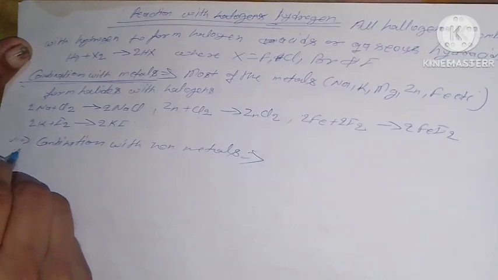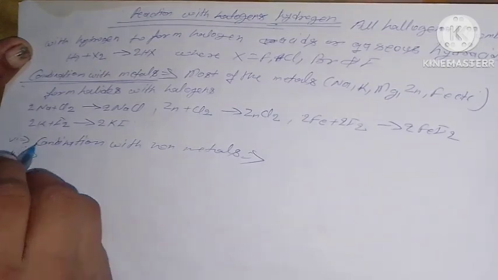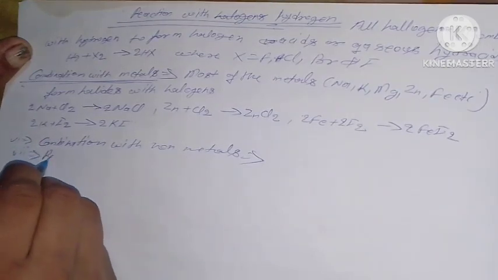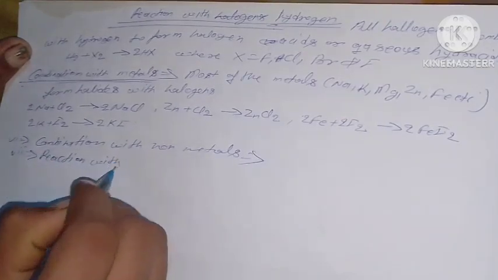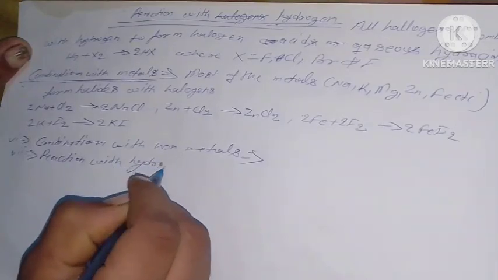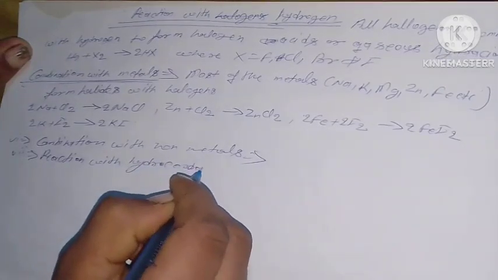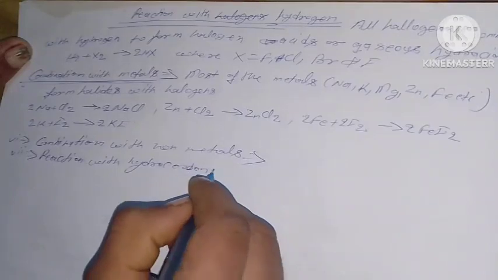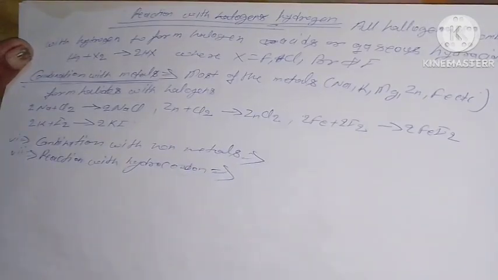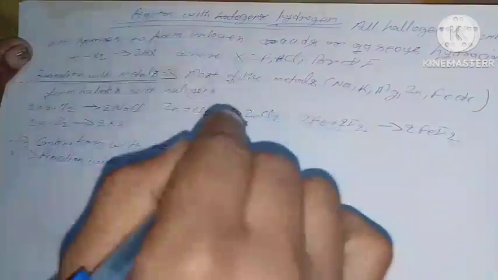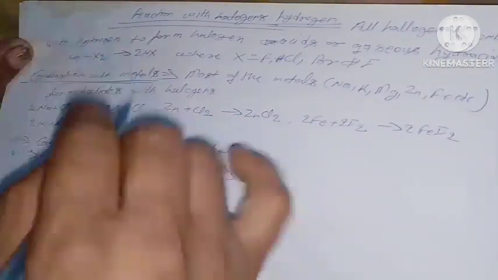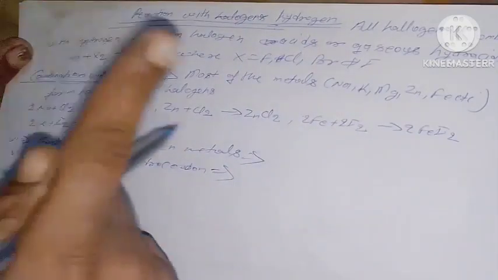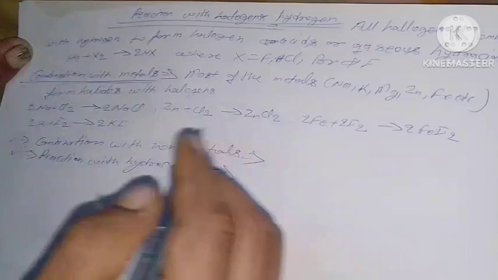Next, reaction with hydrocarbons. All halogens react with hydrocarbons, and reactivity decreases from fluorine to iodine.